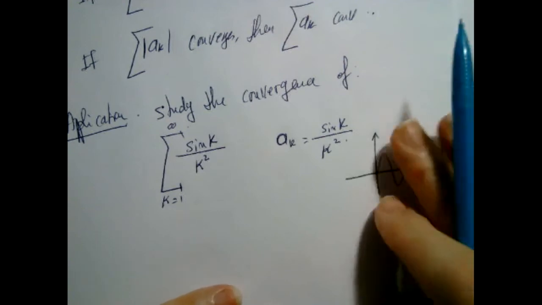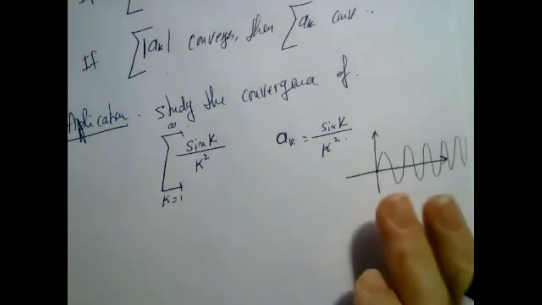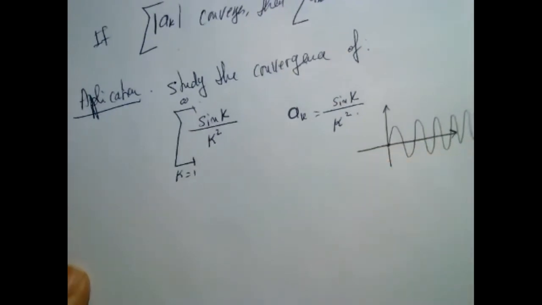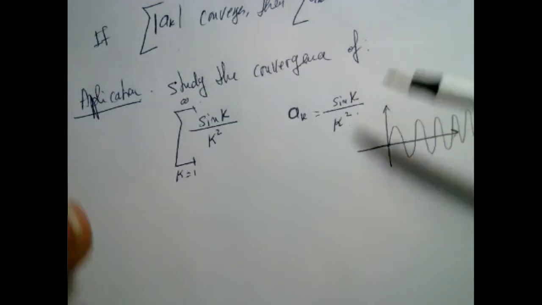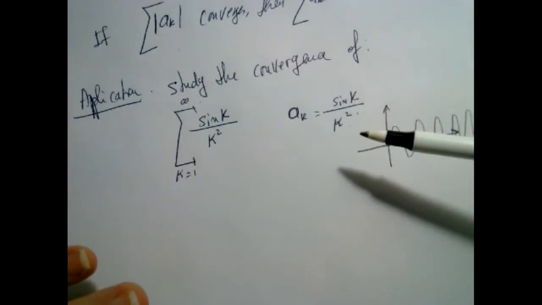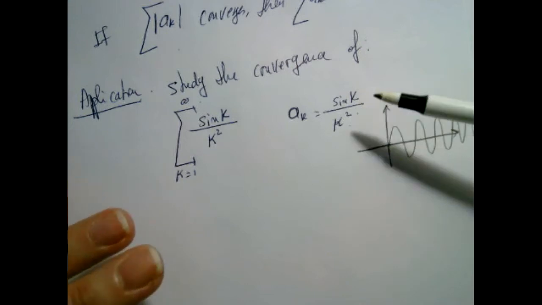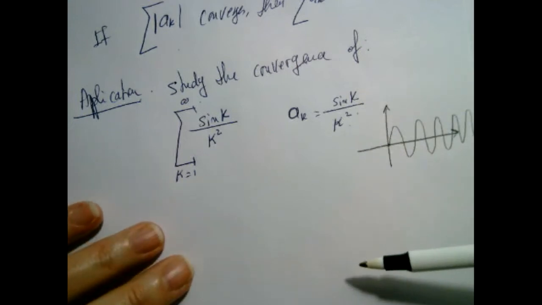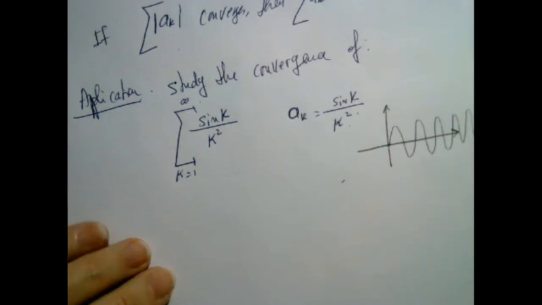Okay, very good. Now, how am I going to study the convergence of this series? Since it's not positive, the integral test I cannot apply, limit comparison falls apart, and the ratio test is the only thing I can use. But if you try the ratio test, it will get us nowhere.